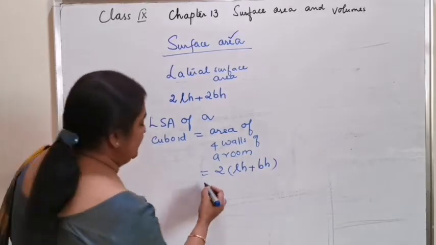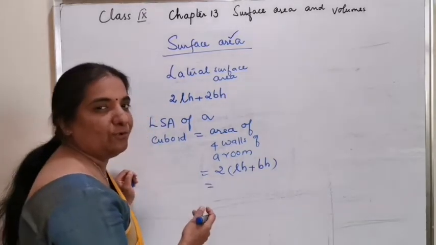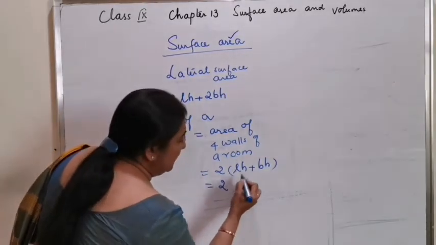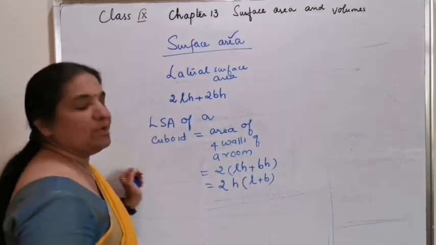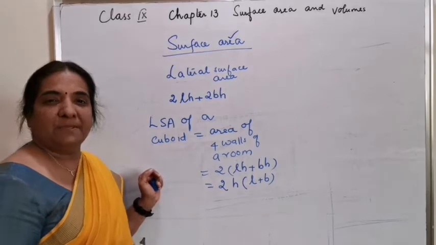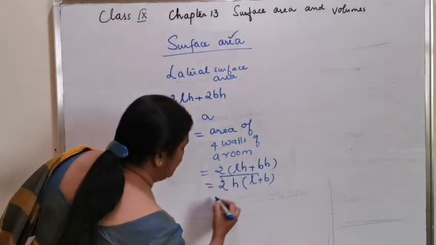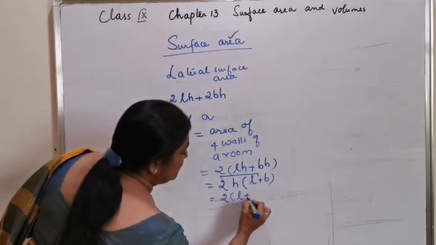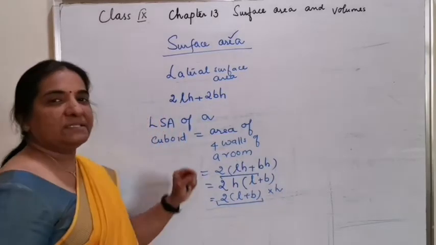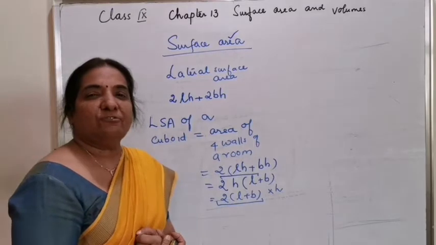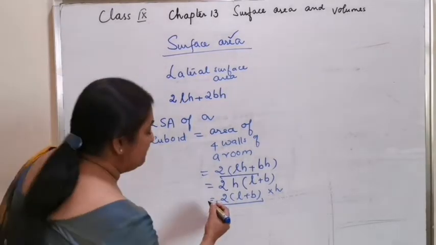We will just derive one new formula as, if you take out H as common, it will be written as 2H into L plus B. Again by arrangement, we will make it as 2 into L plus B into height. And what is 2 into L plus B for a rectangle? It is perimeter.